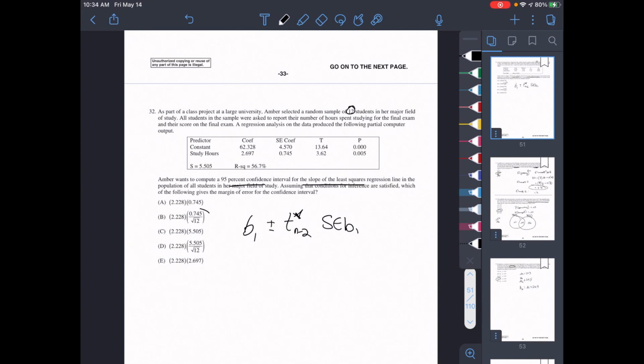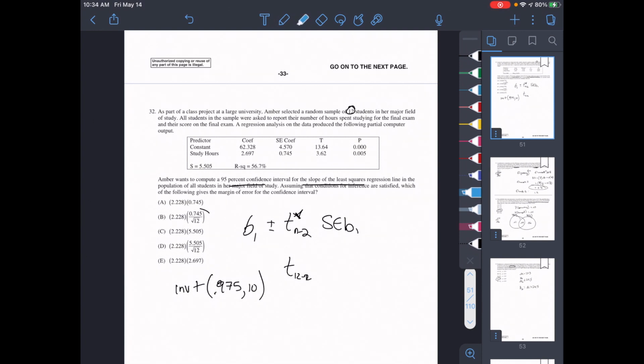So when we are looking for the critical value, this is just 12 minus 2. And so we can either use inverse t, and we want a 95% confidence interval, so we do 0.975, comma 10 for our degrees of freedom, or we could look at the choices on the distribution below.